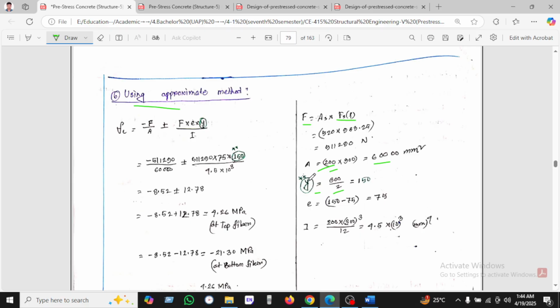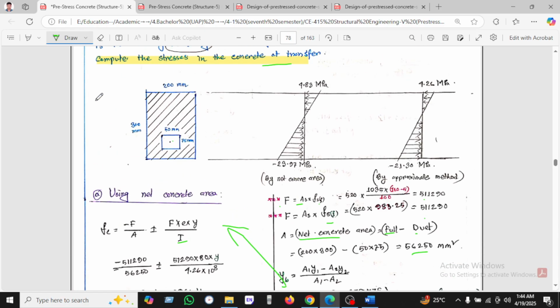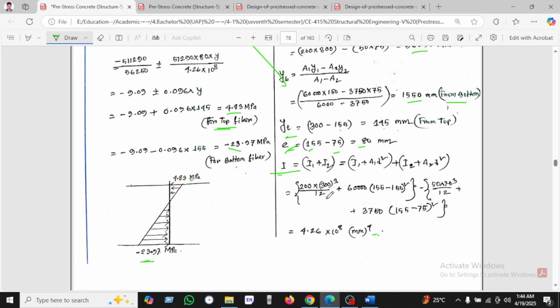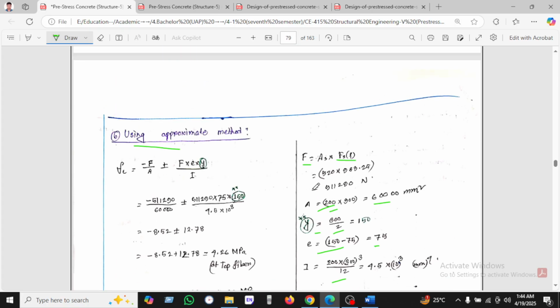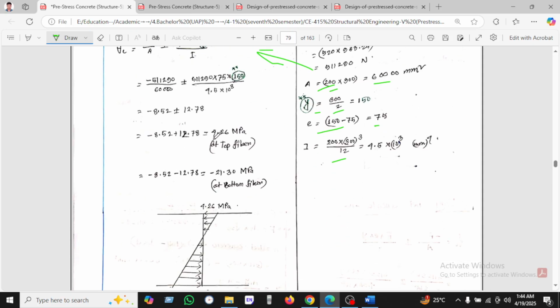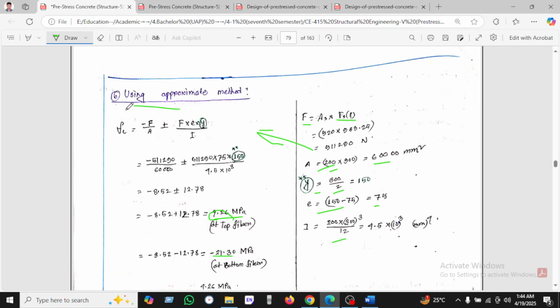There is no deduction for the duct, as in total it is 300, so 300 divided by 2 equals 175, and the I value is found. After putting all these values here, we find the top fiber 4.2 and bottom fiber 21. So using the approximate method, the top fiber will be found 4.26.